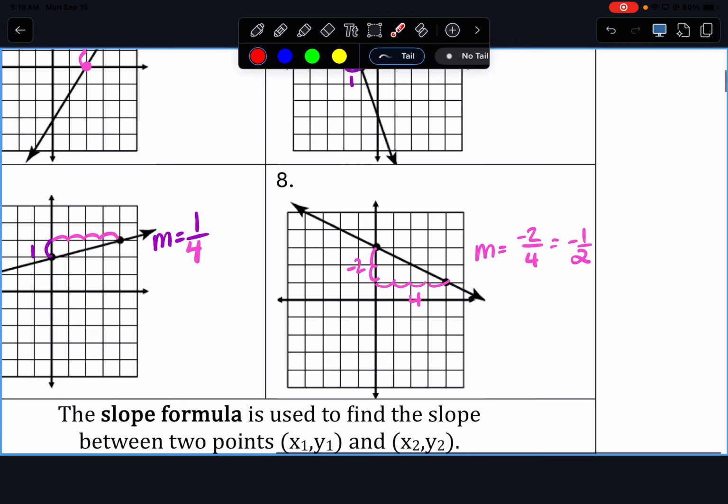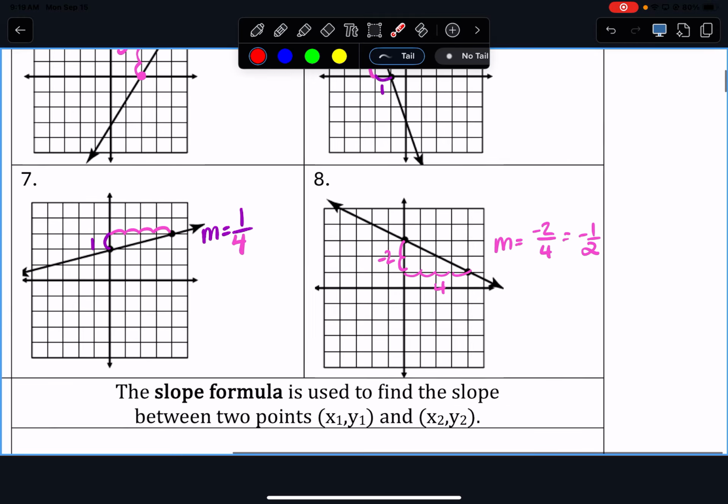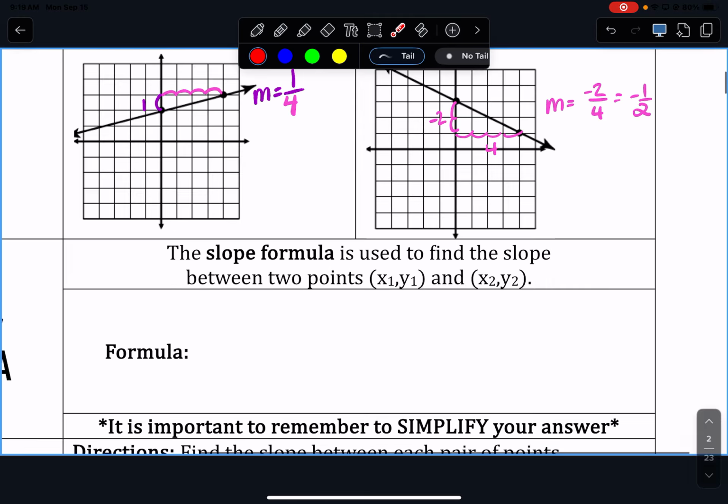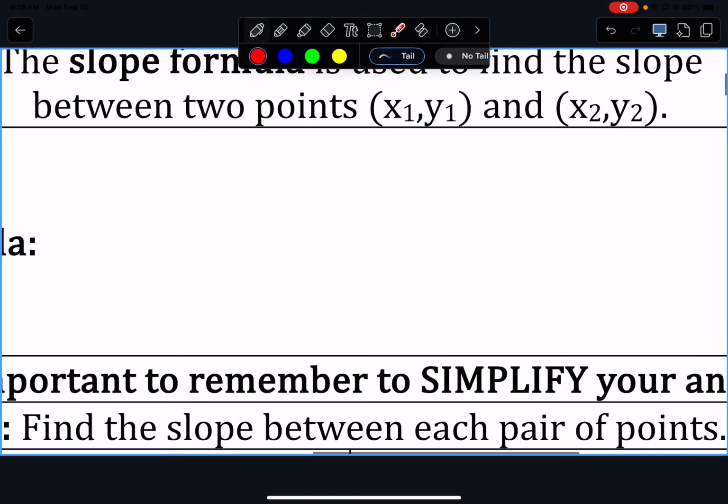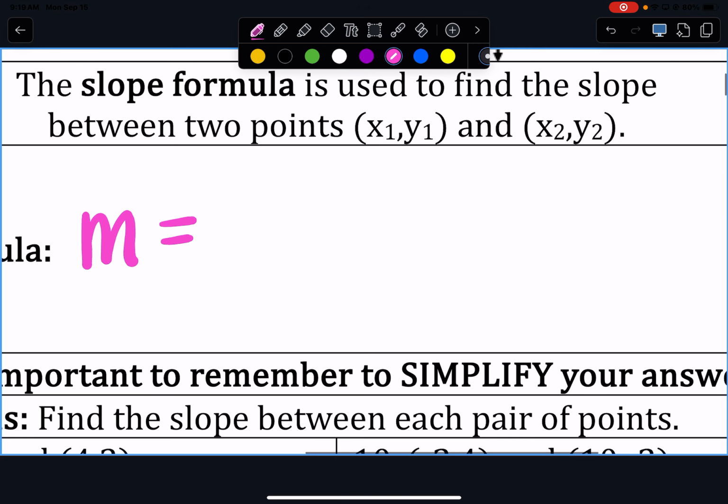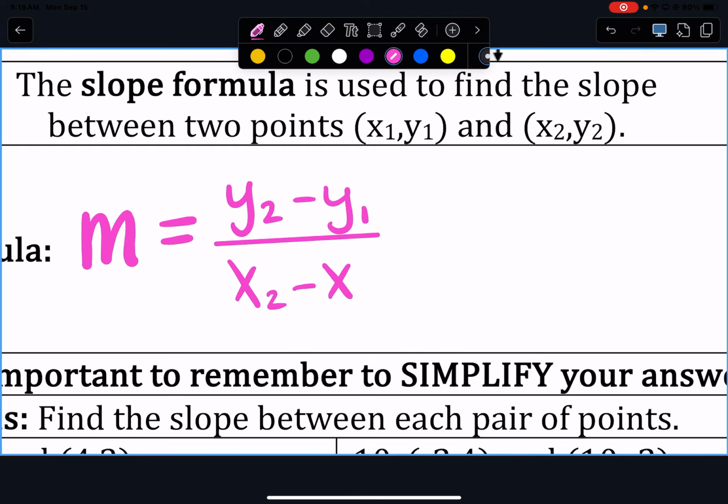Now we're going to look at algebraically finding slope. So the slope formula is used to find the slope between 2 points, x1 and y1 and x2 and y2. The formula is m is equal to, does anybody remember the formula? Yep, y2 minus y1 divided by x2 minus x1.